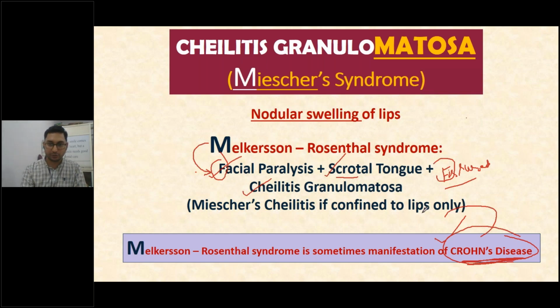Means Crohn's disease can show all these three things which are given here: facial paralysis, scrotal tongue, and granulomatosa. So basically this question can come indirectly in your exam. Which of the following is not seen in Crohn's disease? They'll give all these three options, or they'll give names of the syndromes, out of which one syndrome will be Melkersson-Rosenthal and three others, and you have to identify and mark the right answer. So the answer will be Melkersson-Rosenthal.